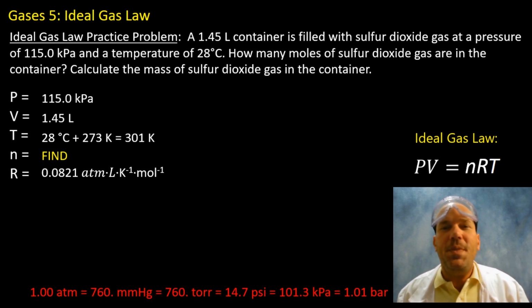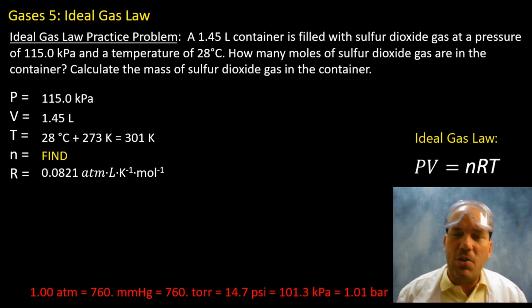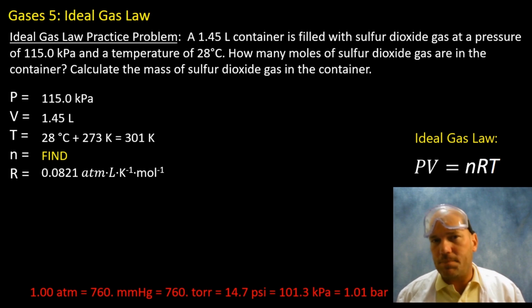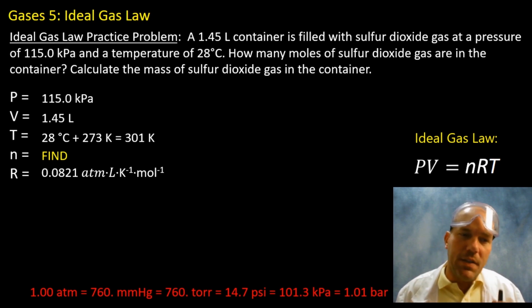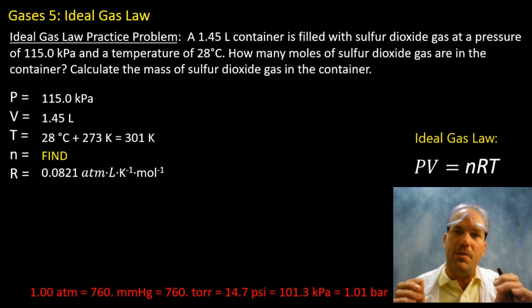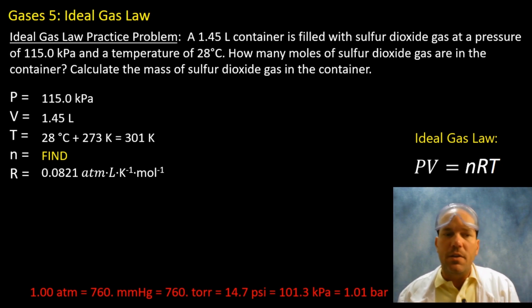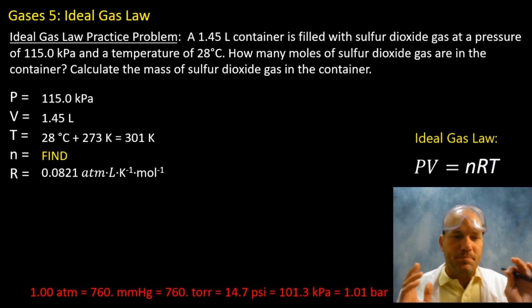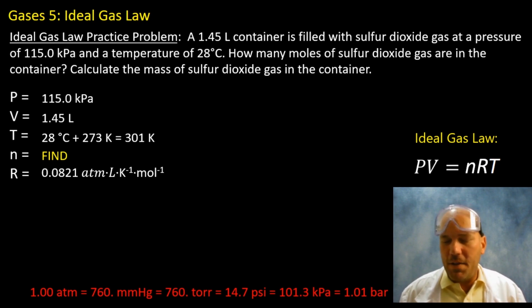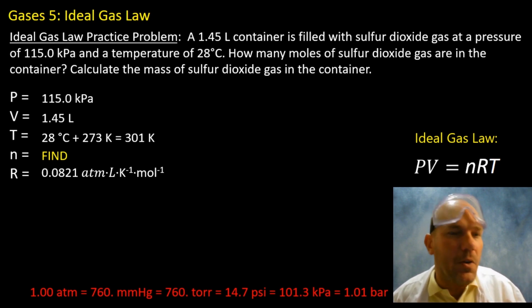Now, one thing that I need to accentuate is that when using the ideal gas law, you will need to use atmospheres as your unit for pressure, liters for volume, Kelvin for temperature, and moles for the amount. So we need to do a conversion here.